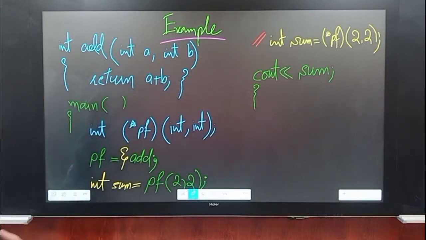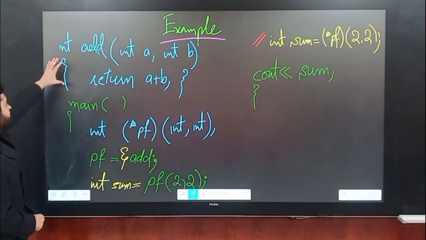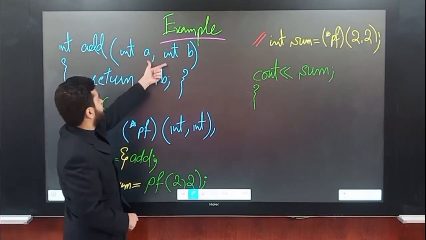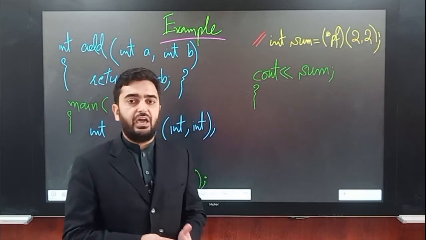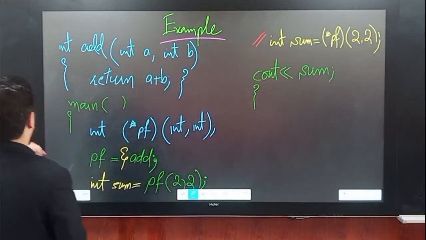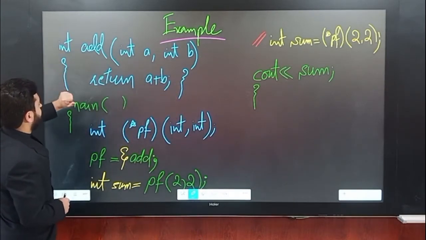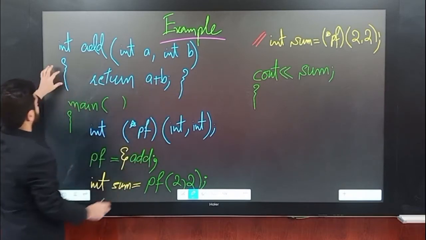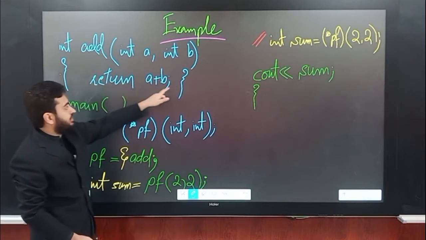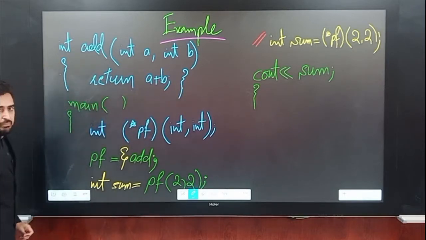You can see here we have an example of an add function which accepts two parameters of integer type, integer a and integer b, and returns a value of integer type. Here you can see the opening curly brace and the closing curly brace, which represent the body of the function.